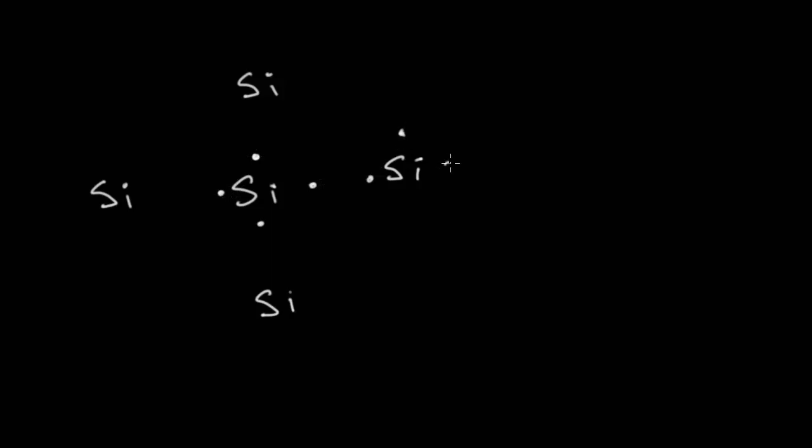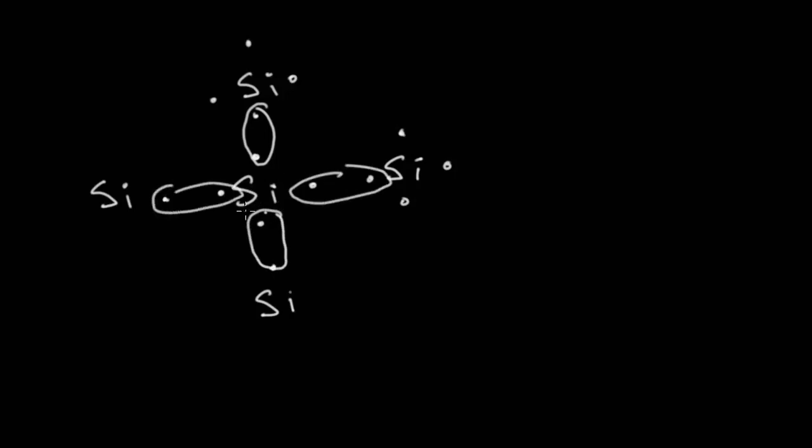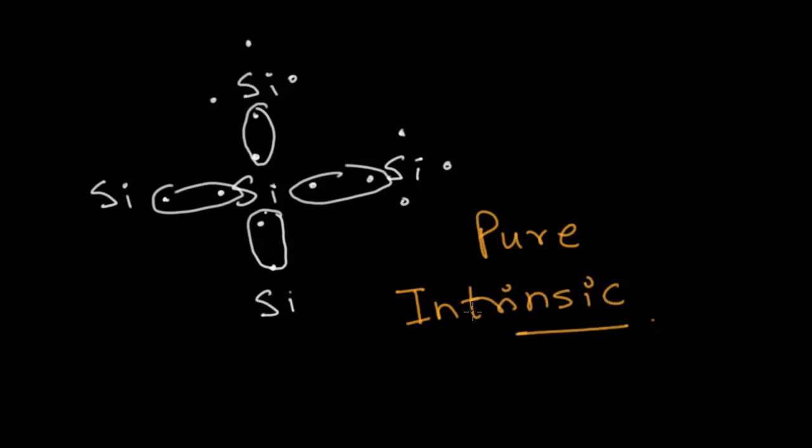To form a covalent bond with an adjacent silicon atom, it requires 2 electrons to form a covalent bond. As all the 4 valence electrons are in a covalent bond, this is a pure semiconductor. A pure semiconductor is also called an intrinsic semiconductor. It does not have any impurities in it.